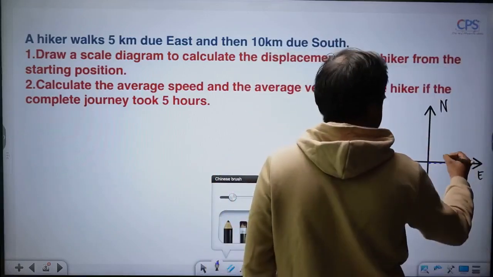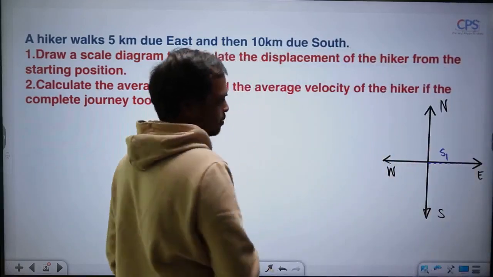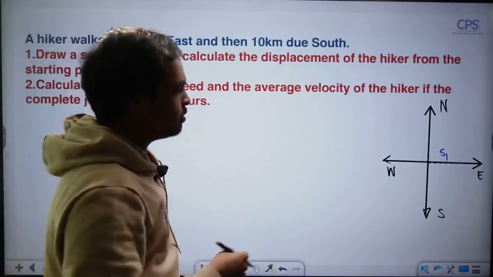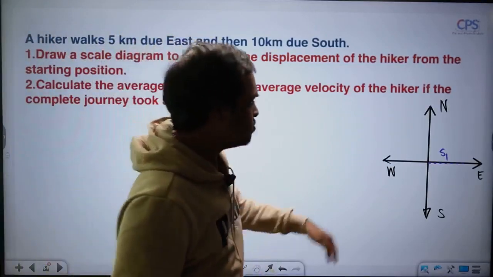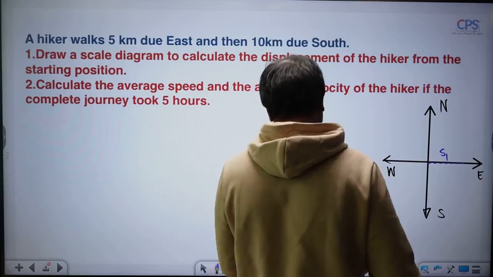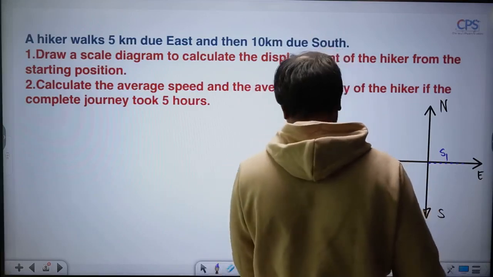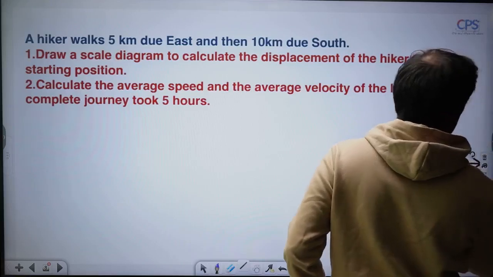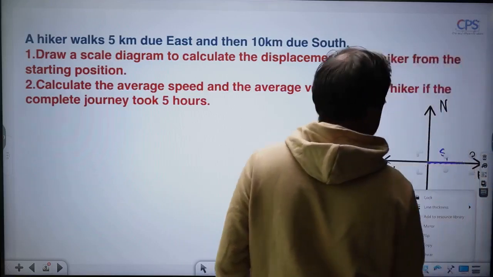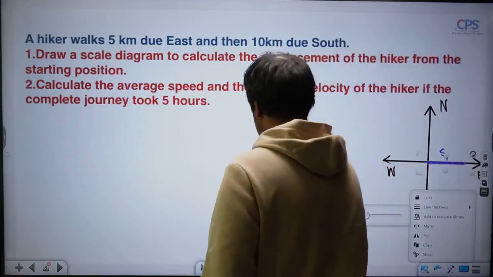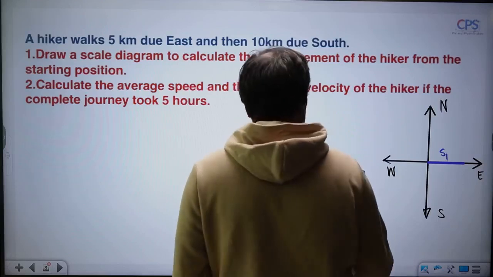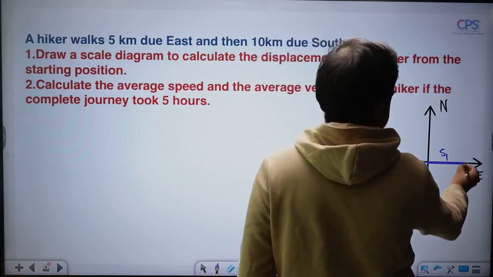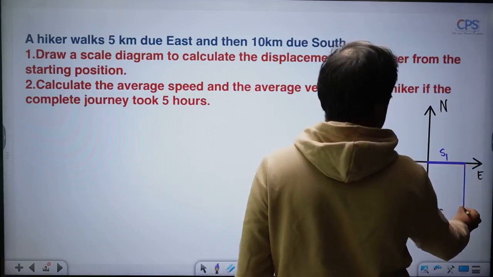Let's say it's S1, 5 kilometers due east, and then 10 km due south. So from this position, I'll just take it like that. And then 10 km, so this is 10 kilometers.